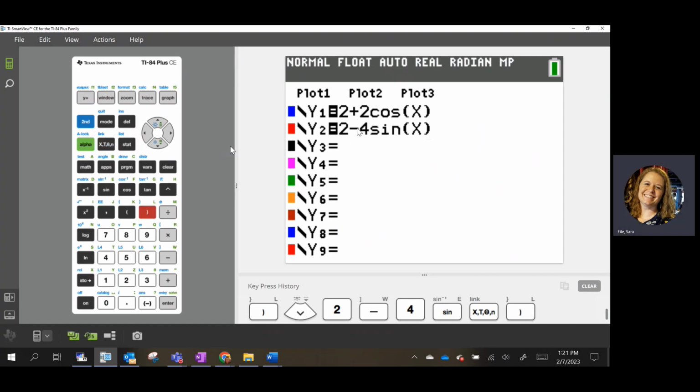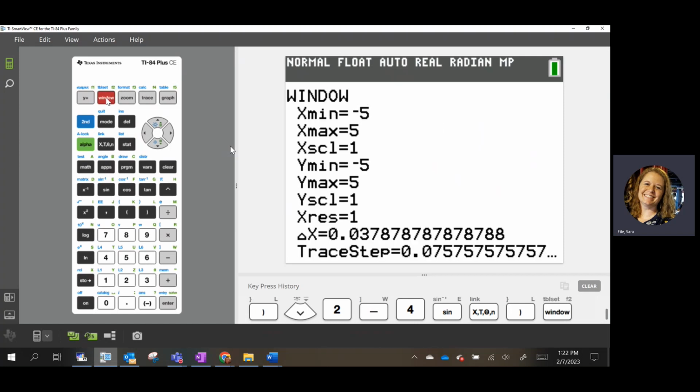Okay, if you think back to unit 3 when we were graphing trig functions, you can visualize this. You can say, okay, this is going to be a cosine. The period hasn't changed. There's no b value. It's going to have an amplitude of 2 and a midline at 2, right? So you can get a visual in your head of what this is going to look like. So your window setting, the domain is 0 to 2 pi.